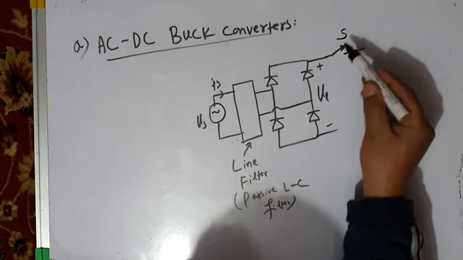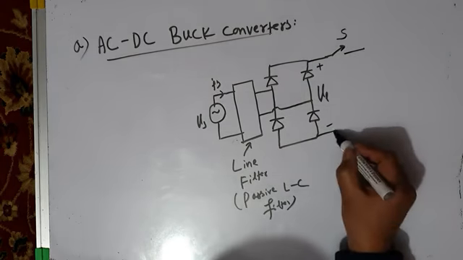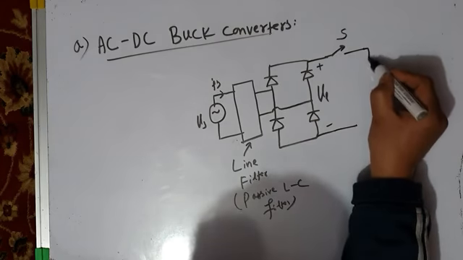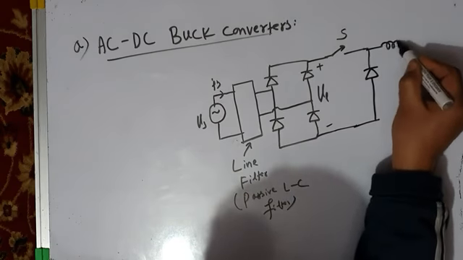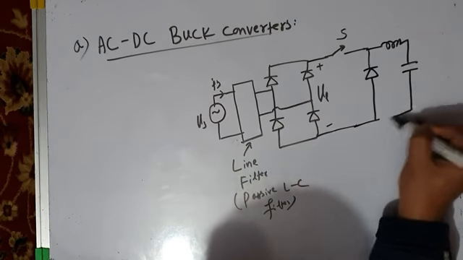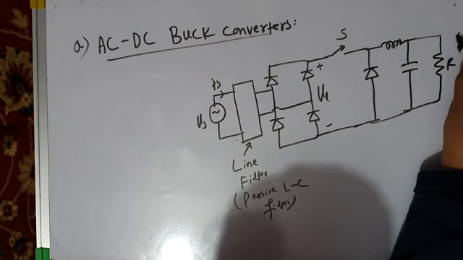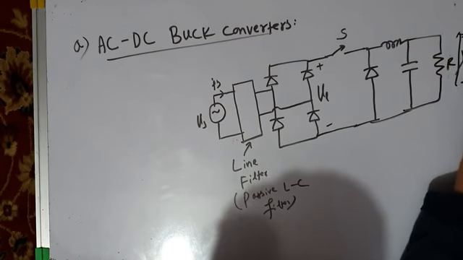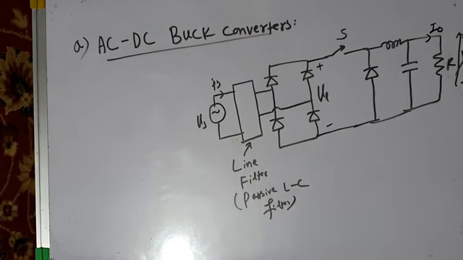It may be a power transistor or a power MOSFET or IGBT or GTO. ठीक है? So then you know buck converter has a freewheeling diode like this. Then it has an output filter like this. This is the output filter and you have a load. Load resistance R है. Load के across voltage है variable voltage V0. It's a variable voltage and load current है I0. So this is your AC to DC buck converter.